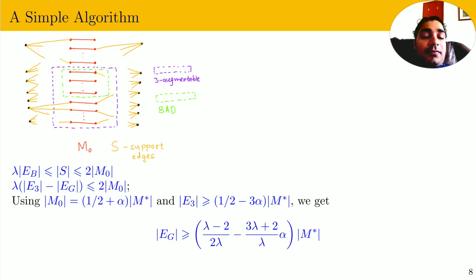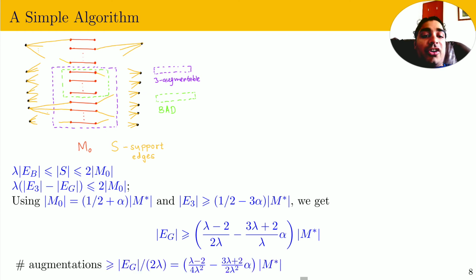Now the number of three augmentations is at least the number of good edges divided by 2 lambda, because when you do greedy three augmentations, for each augmentation that you do you can lose at most 2 lambda other augmentations.